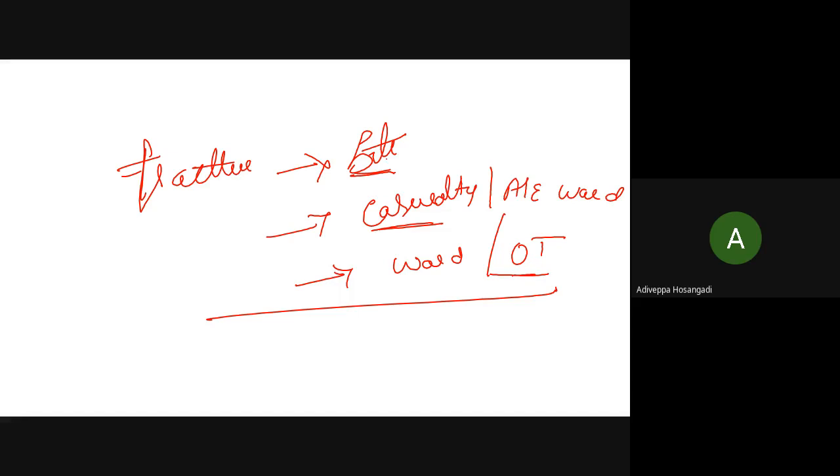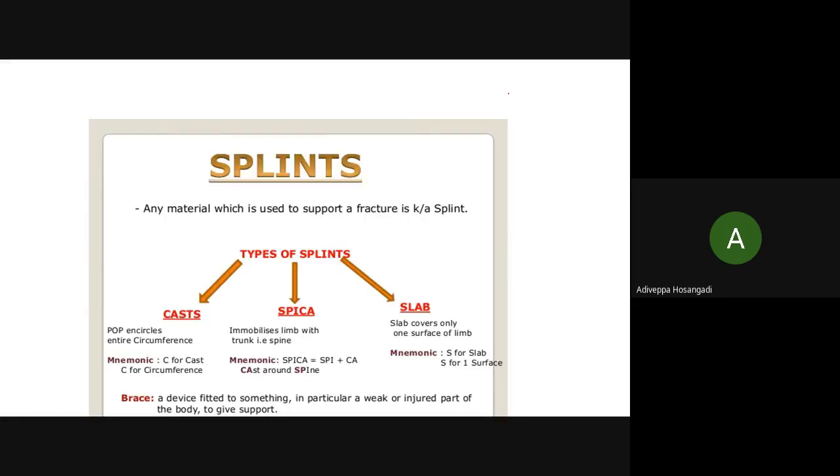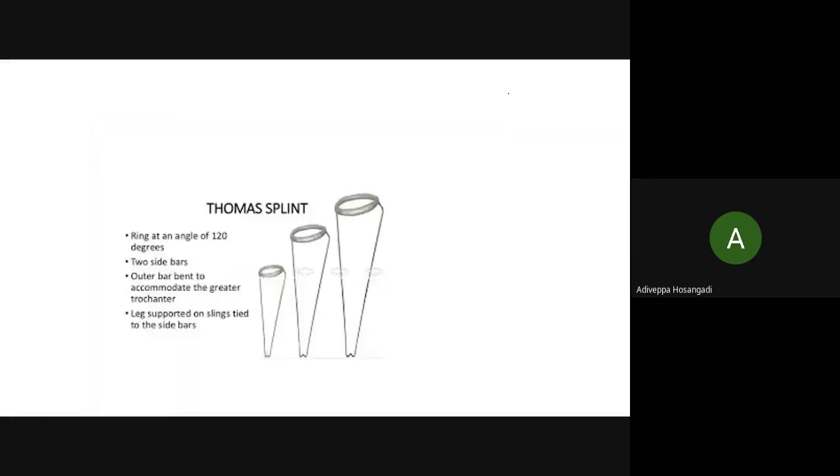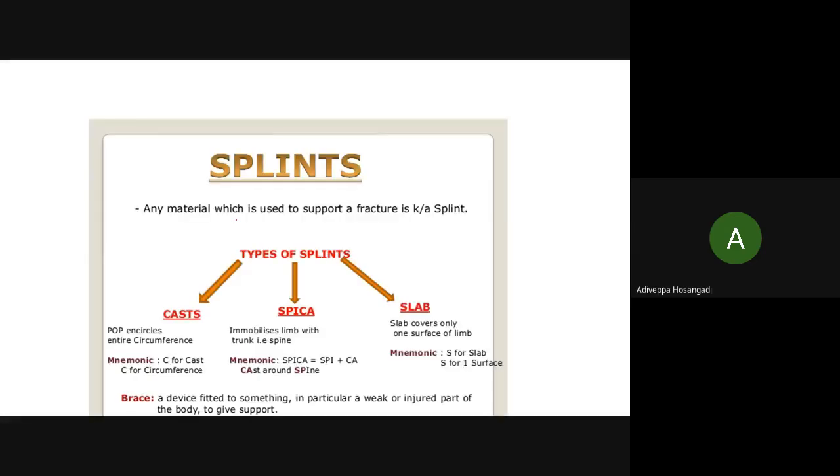Okay, so what is done at the site? Whenever you see a patient with any kind of injury, a fall from height or a motor vehicle accident, if the limb is in an abnormal position, you know for sure there is a fracture.